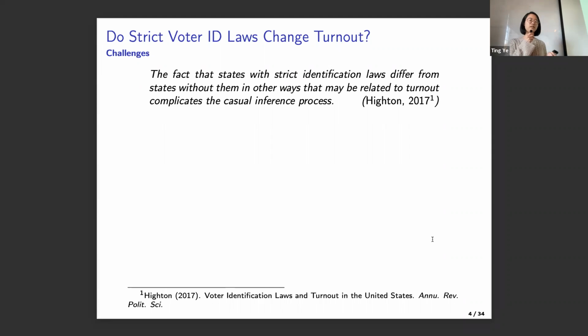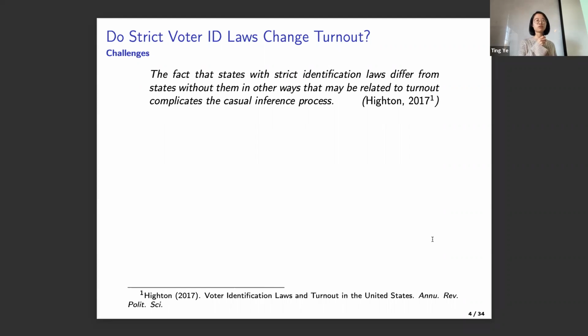Empirical studies have also reported mixed findings. With more and more strict voter ID laws being passed, it's crucial to understand whether these laws affect voter turnout. But it's actually quite hard to evaluate the effect of strict voter ID laws on voter turnout.